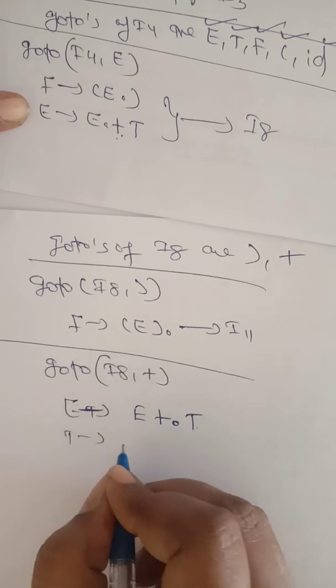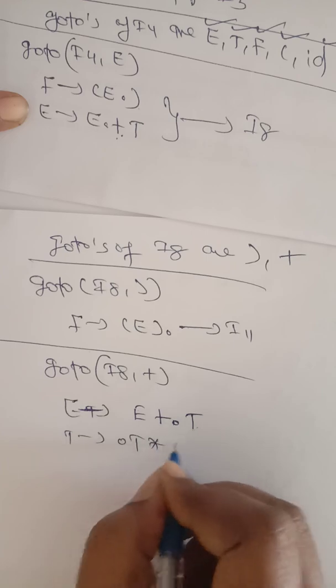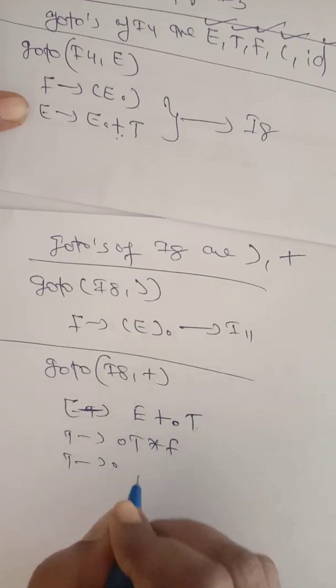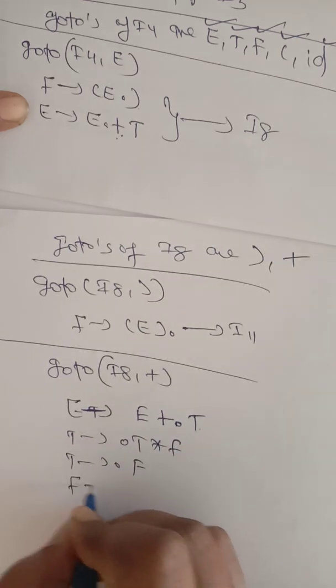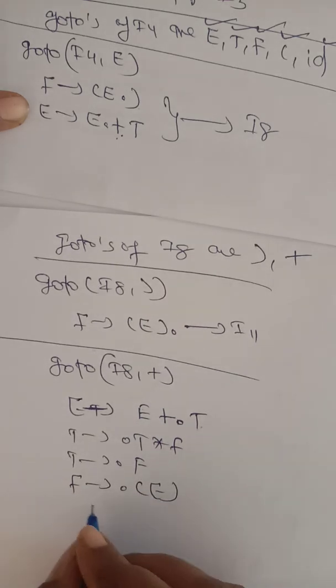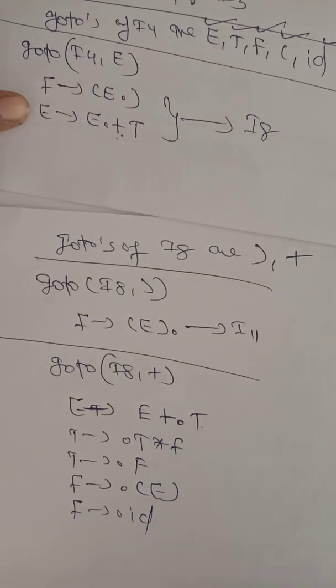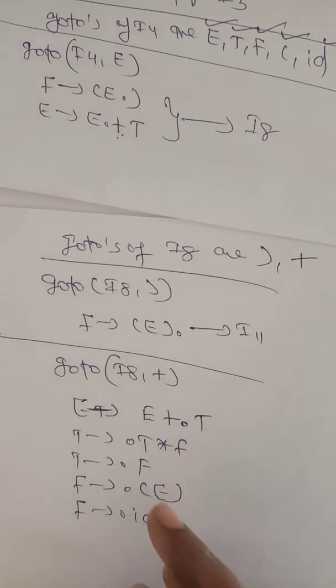T → dot T * F, T → dot F, F → dot (E), F → dot ID. Here we are having terminals, so just leave. Then compare this set with the available one.